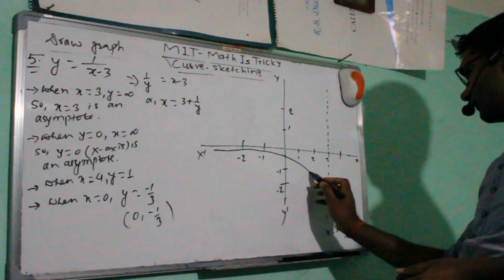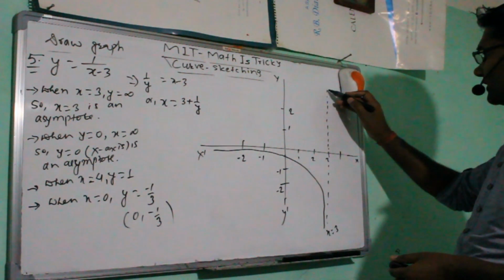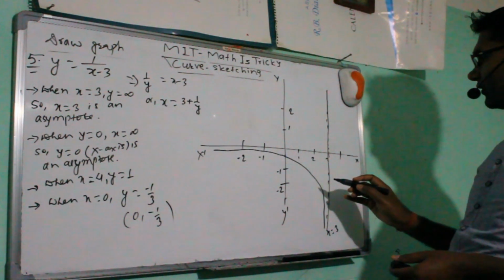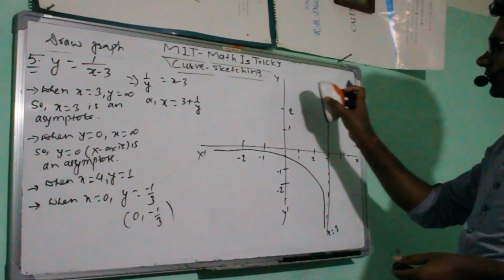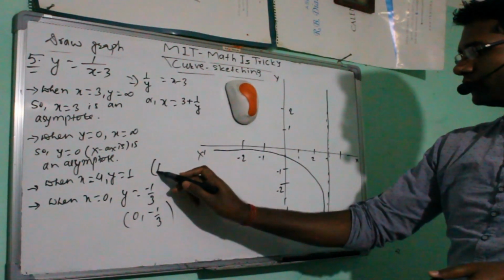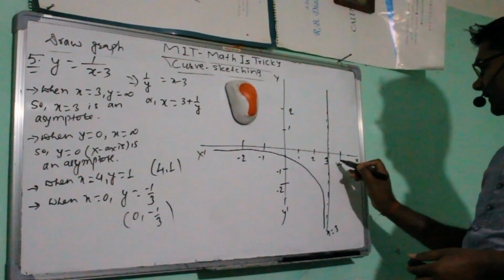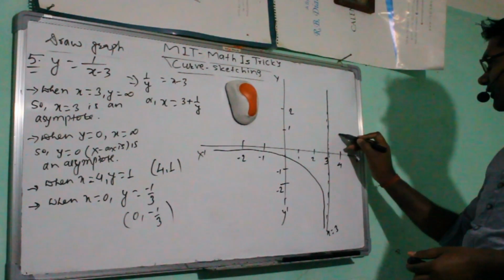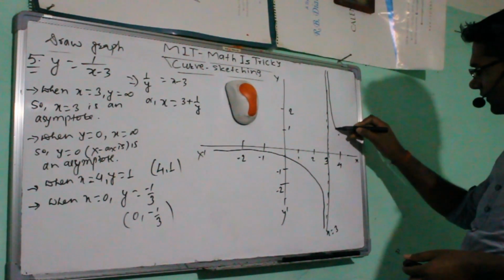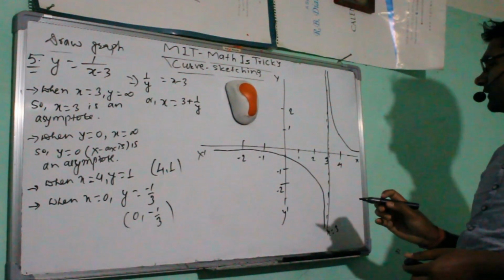So from here the curve will be very close to this. X equals 3, this is the line. Can write here x equals 3, and now for x equals 4, y is 1, so the curve will be, this is the asymptote, so the curve will be very close to this.